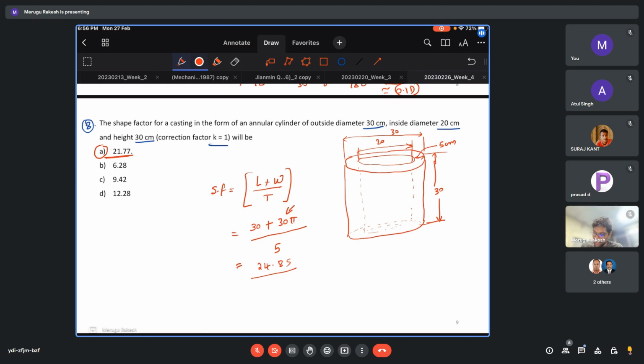Adjust this width value, then you will get an approximate value. So in this case, it is 21.77. Are there any other solutions you are getting?